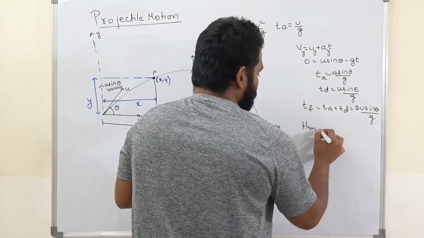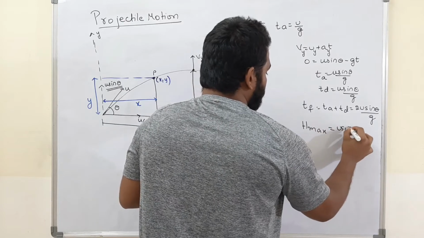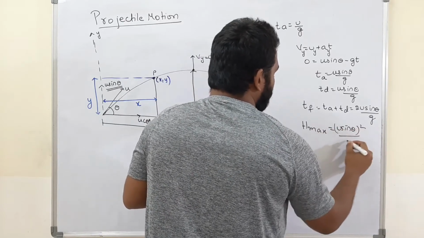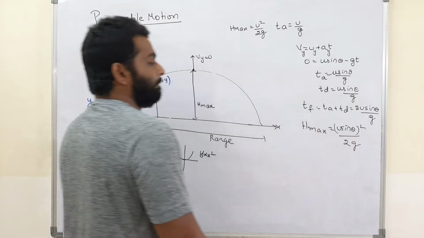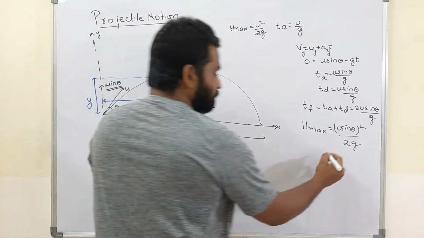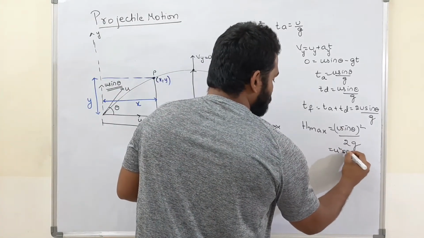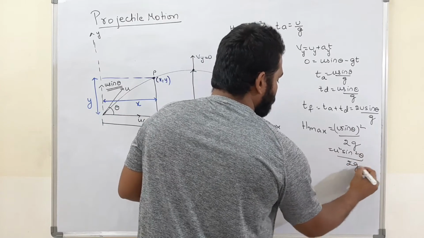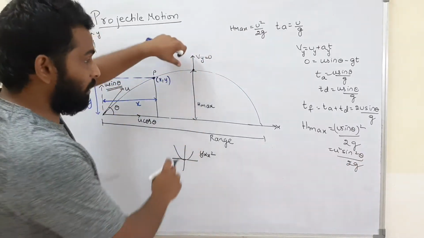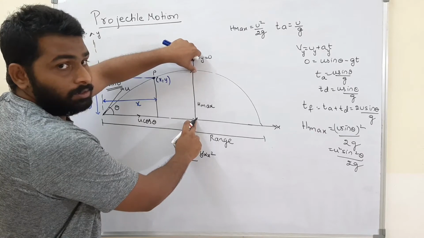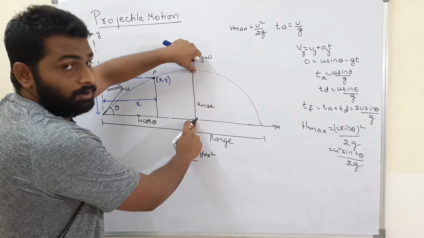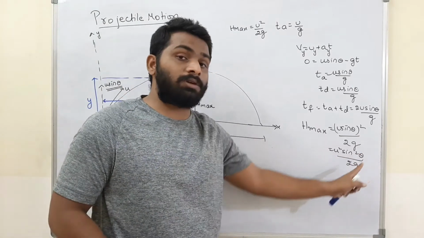The maximum height reached by the body is u sin theta whole square by 2g, that is nothing but u square sin square theta by 2g. This is the maximum height, given by the formula u square sin square theta by 2g.